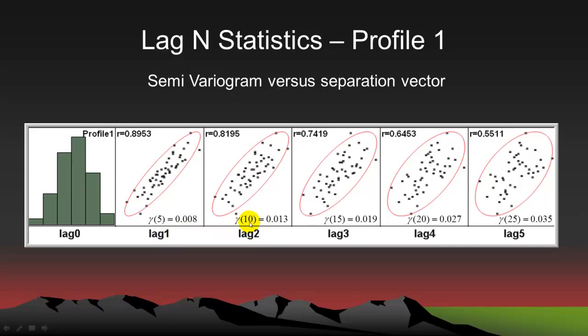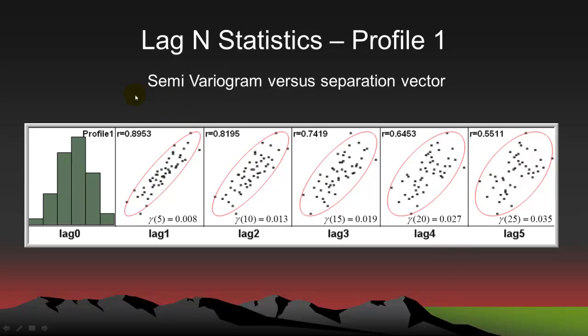For lag 2, that's a separation distance of 10 meters, 0.013, and so on. So 0.019, 0.027, 0.035. So you can see we're going from 0.008 to 0.035. This 0.035 is 4 times the magnitude of lag 1. So definitely an increase in a measurement or estimator of spatial continuity, whereas the Correlogram was a decreasing function. However, both of these are estimators quantifying spatial continuity.